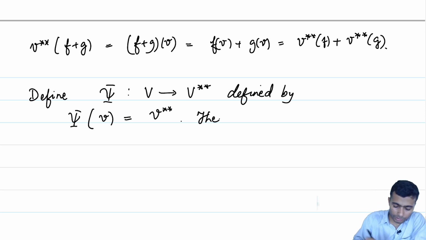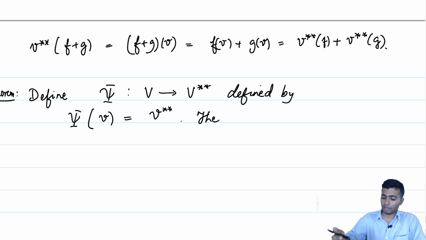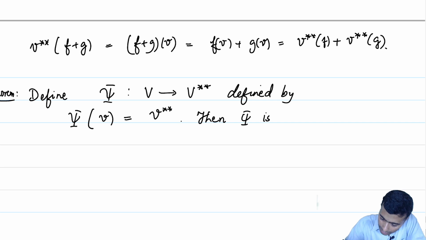Then, let me just call it a theorem. As you can see, to talk about psi, we do not have to refer to any ordered basis of V. Directly from V, for every element v, we can talk about a corresponding element in the double dual, V star star. So, the theorem says that psi is an isomorphism.